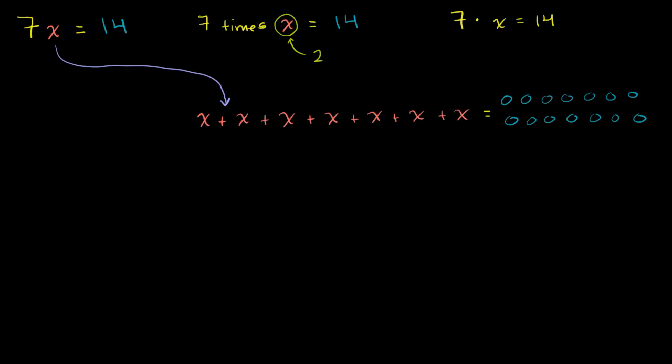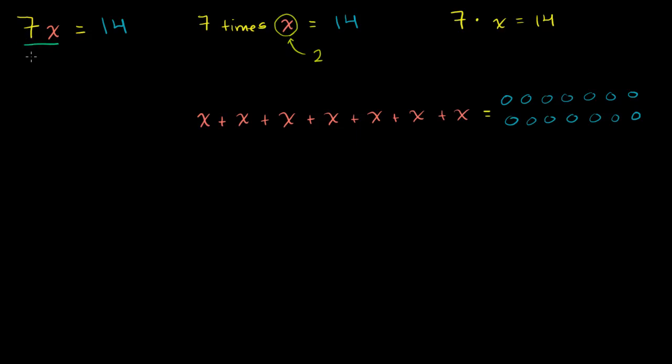So let me erase this right here. So the standard step whenever, oh, I didn't want to do that. Let me do this, and let me draw that last circle. So in general, whenever you simplify an equation down to a coefficient, which is just the number multiplying the variable, so some number multiplying the variable, or we could call that a coefficient times a variable, equal to something else, what you want to do is just divide both sides by 7 in this case, or divide both sides by the coefficient.